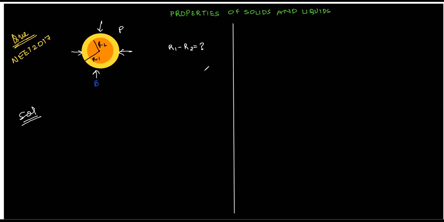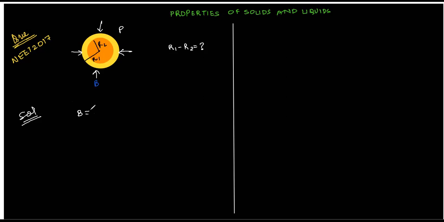Any hints, any approaches that you would like to suggest? So I think we can use Bernoulli's theorem. Here we will use a formula for bulk modulus. Do you know the formula for bulk modulus?